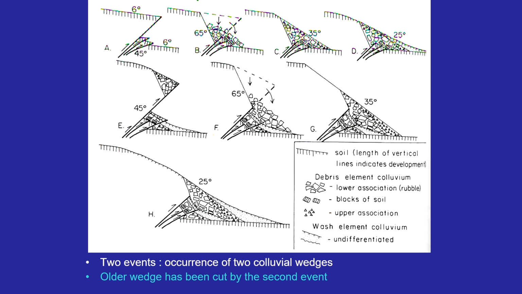Now the criteria which we discussed in the normal faulting environment remain the same here also: you have to carefully look at the surface inclination, that is the angle of the surface, or we can say the slope of the surface.